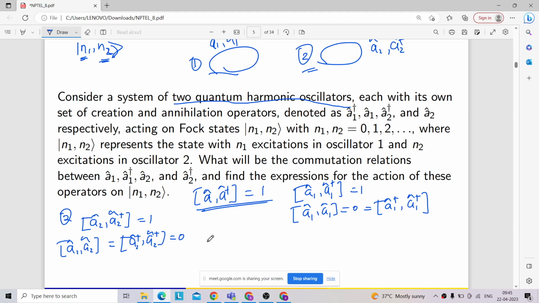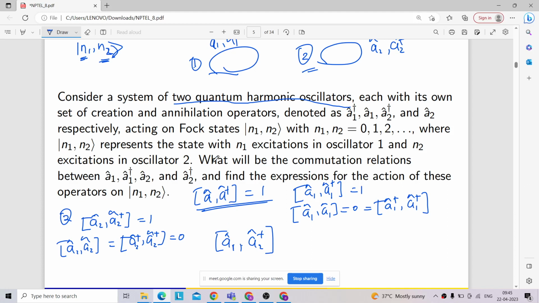Then we have one more choice: we can take the first operator from the first system and the second operator from the second system. So what will be the situation in this case? Like I am taking the annihilation operator from the first system and the creation operator from the second system.